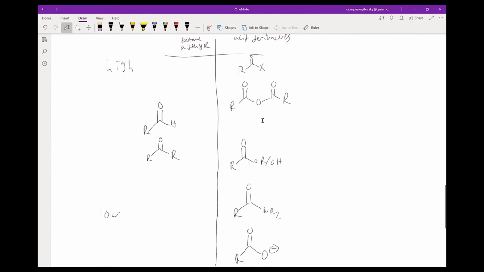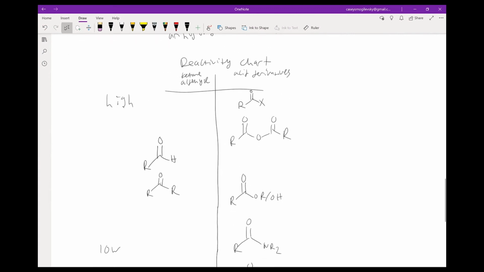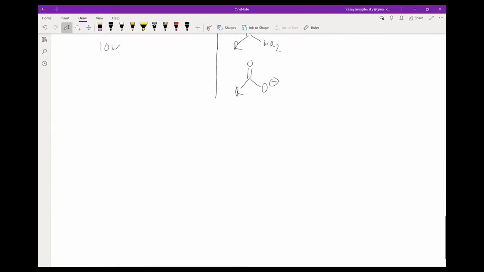So why does this occur? Many of you might be asking. It's due entirely to resonance. So first, let's talk about the ones at the bottom. You can draw two resonance structures for this deprotonated carboxylic acid, for example, and these are actually equal resonance contributors.